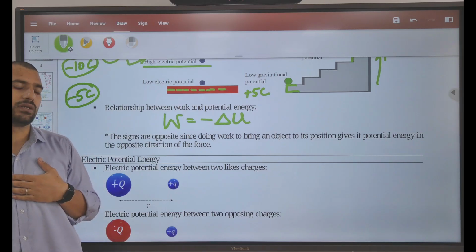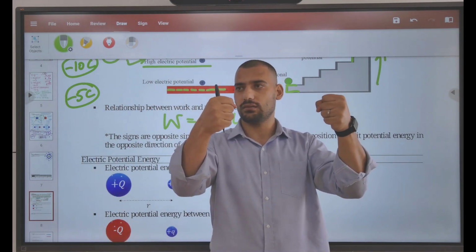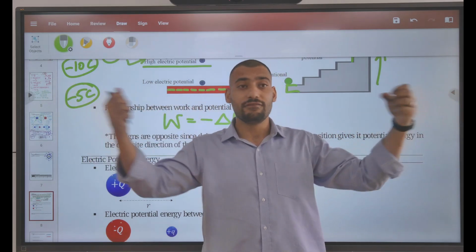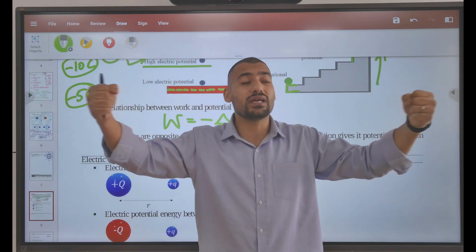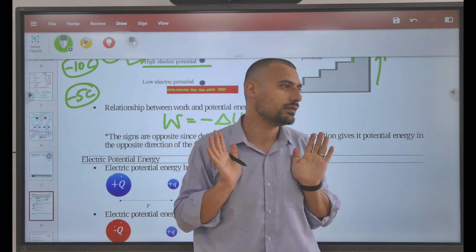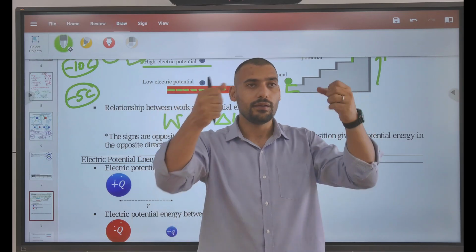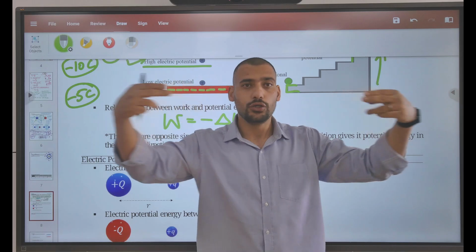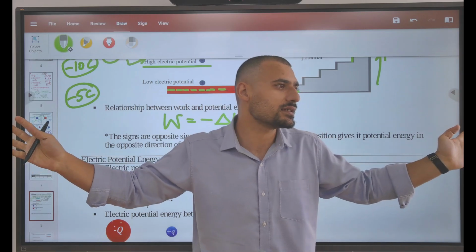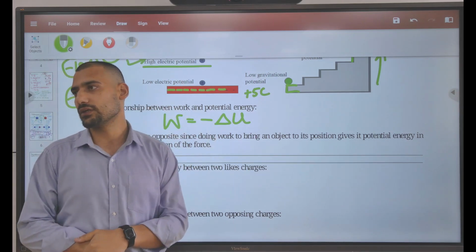Like for example, I told you, if there are two positive charges here, what is their natural tendency? To go away. When they have the natural tendency of going away, that means their potential is high. So it is positive, because high is taken as positive, right? Yes. Clear? But to keep them here, you have to do work like this. So it is against the potential energy, isn't it? And against means negative. Is that fine?